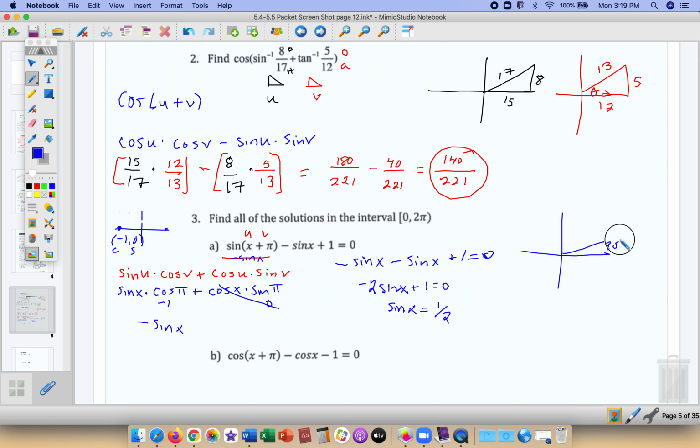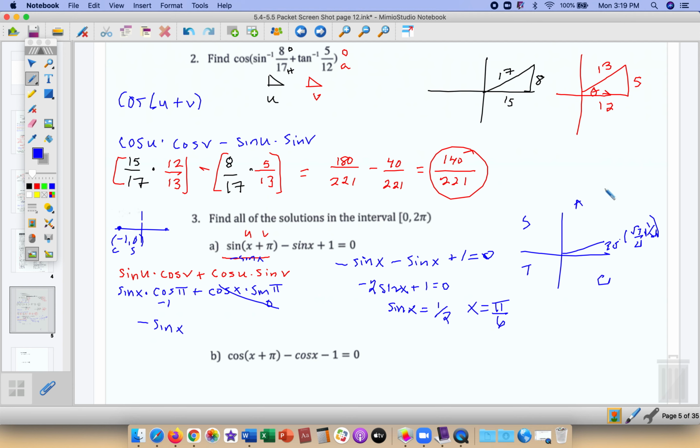At 30 degrees, we have root 3 over 2, comma 1 half. So at 30 degrees, or at pi over 6, we'll have sine value of a half. All students take calc.